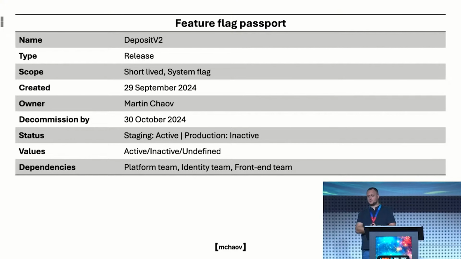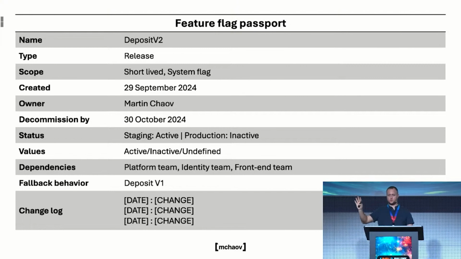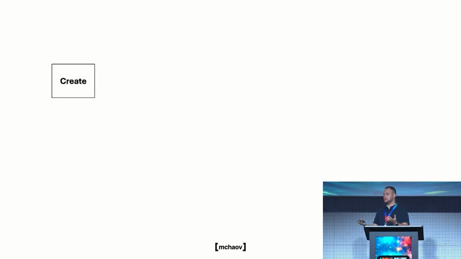Then we need to specify dependencies. Those could be services, could be teams, could be specific team functions, like QA or engineer or on-call engineer and so on. Fallback version, fallback behavior, and changelog. This is how we move on to create a flag. So the documentation is the first step in creating a feature flag.